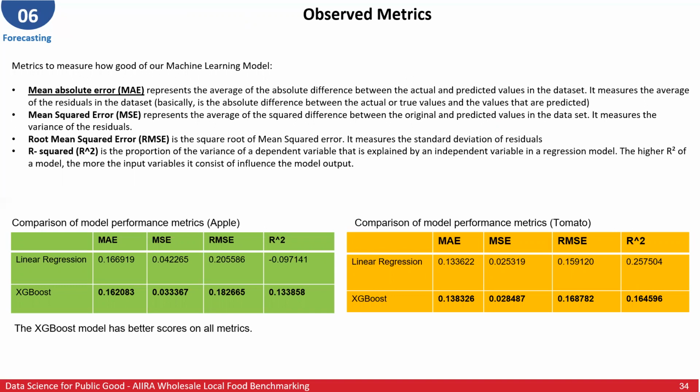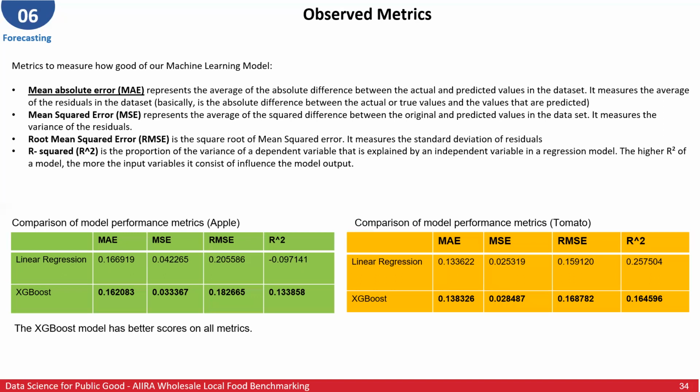Mean absolute error is basically, in the context of this model, how many cents it was off compared to the actual price. So we compared the metric performances of our apple model and our tomato model. Under MAE, that decimal point is about how many cents on average our model was off compared to the actual price.